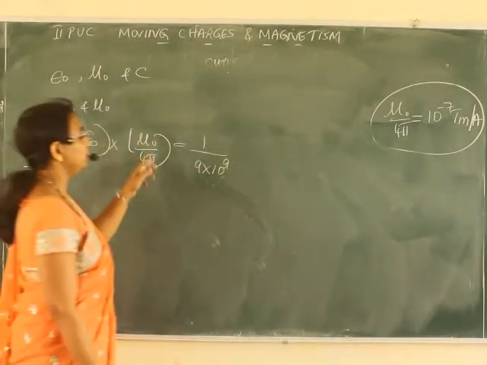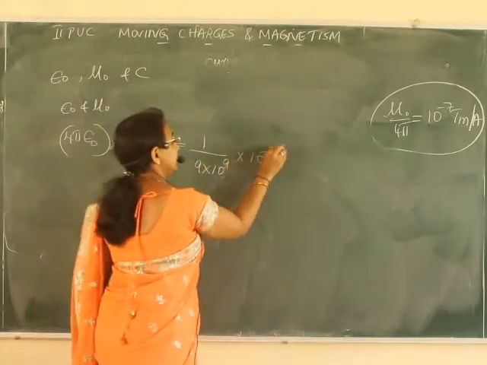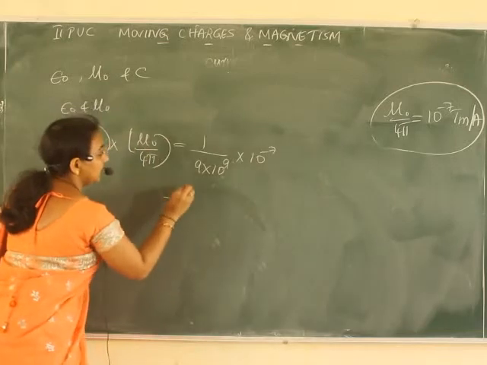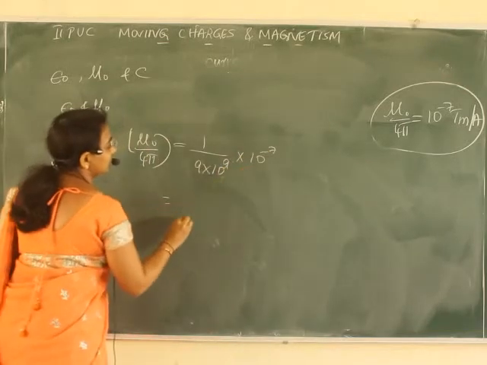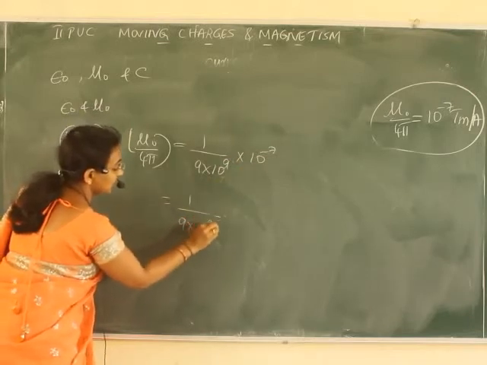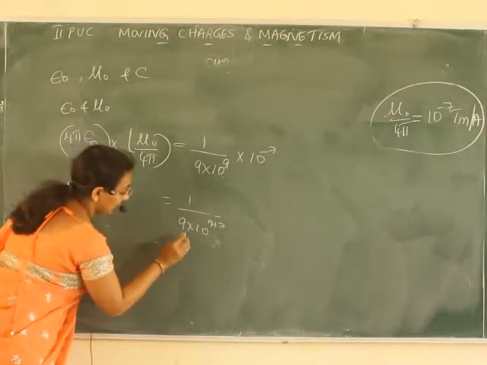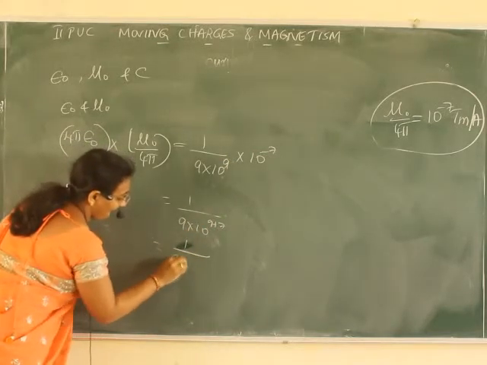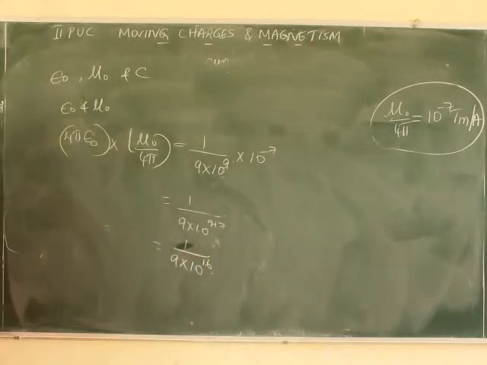And the value of mu naught by 4 pi is 10 to the power minus 7. If I take it to the denominator, 1 by 9 into 10 to the power 9 plus 7. So the answer we get is 1 by 10 to the power 16.